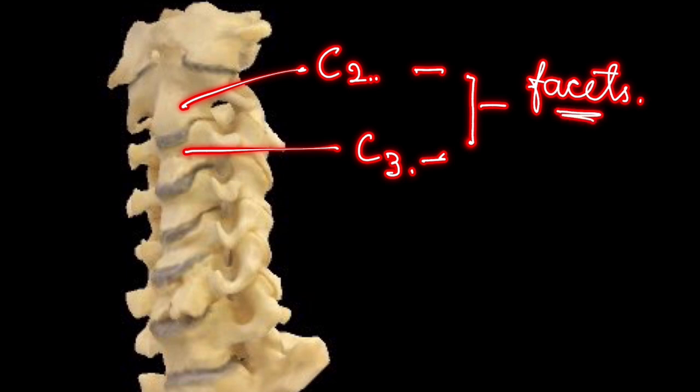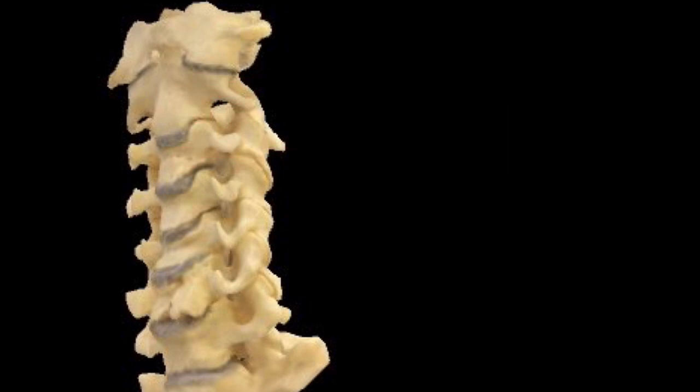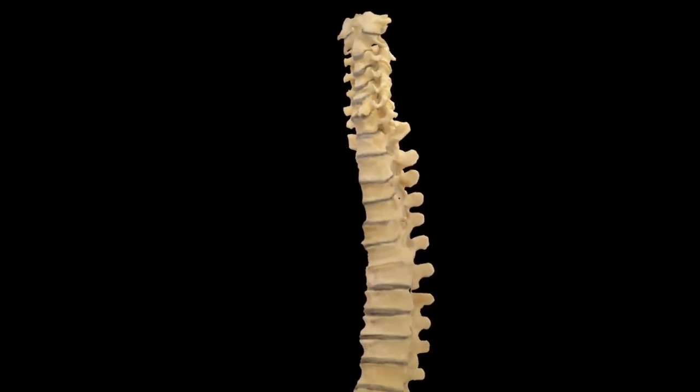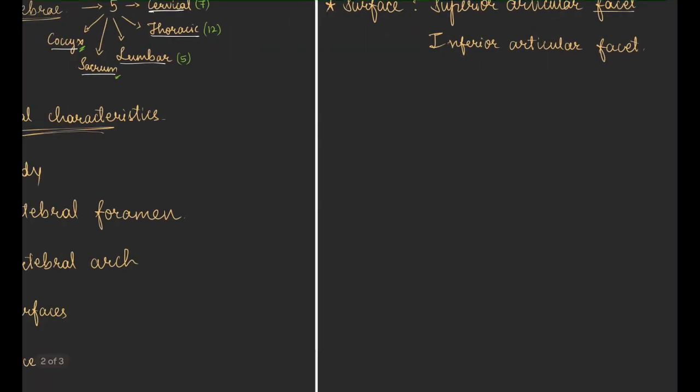The surfaces of the next vertebrae fit each other, just like holding each other's hand. It will be like the inferior articular surface of one body, suppose of C2, and C3 has its own body along with one more superior facet. So now these two sit on each other, giving them a particular sort of joint. It's like an articular joint.